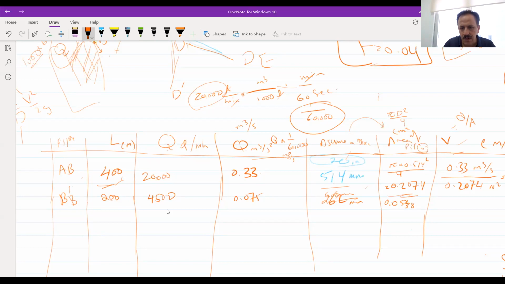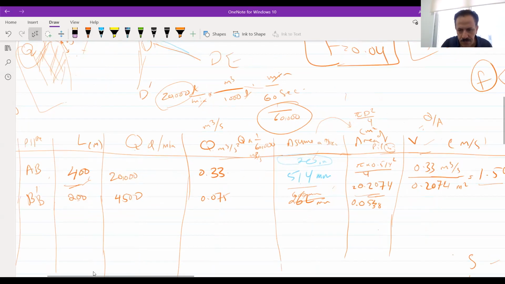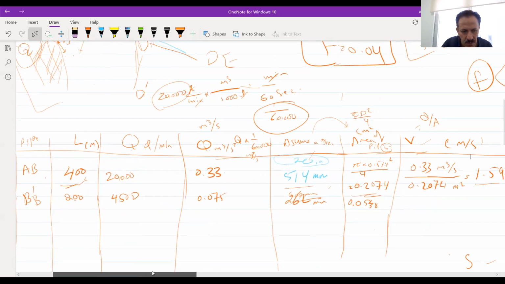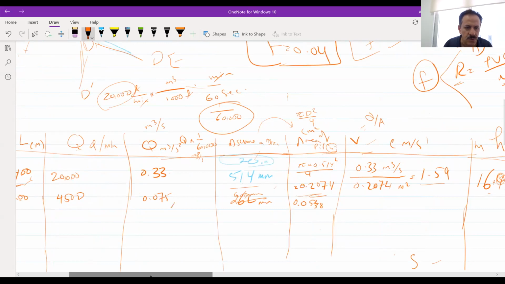Yes. Now, after that, we have to find the velocity. Now we have the Q. How much is the Q? It's 0.075 meter cube per second. And we have the area of this pipe, which is 0.0538 meters squared.